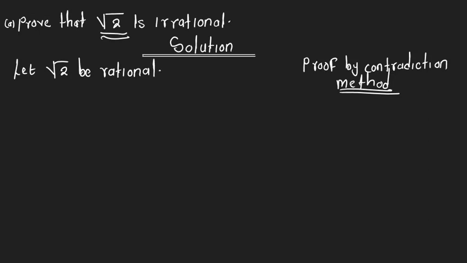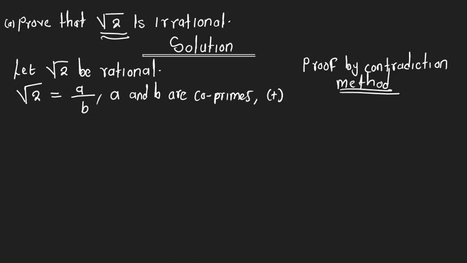If this is the case, then root of 2 must equal a over b, where a and b are coprimes or positive integers.